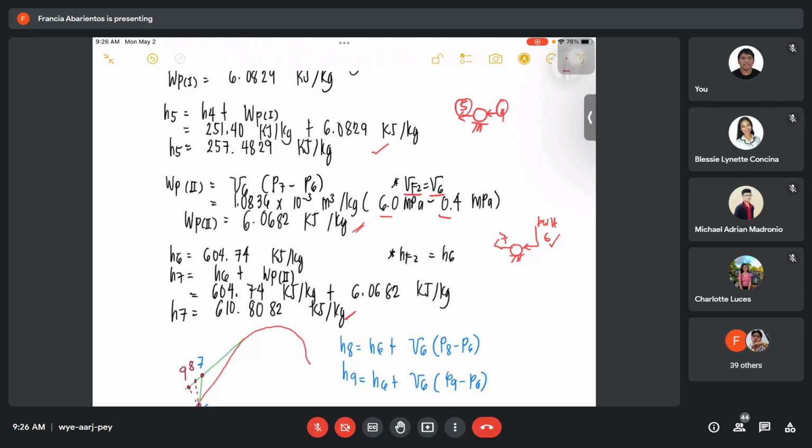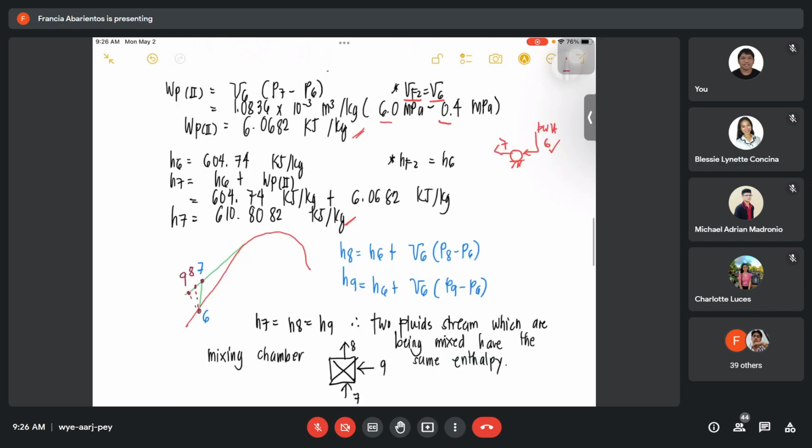Paano naman daw yung H8 and the H9? Ayan. Ito na yung magiging big question natin. The H8 and the H9, usually, if given the problem, ito dapat yung formula na class in solving for the given enthalpy H8 and H9.